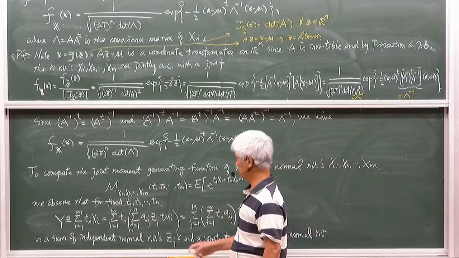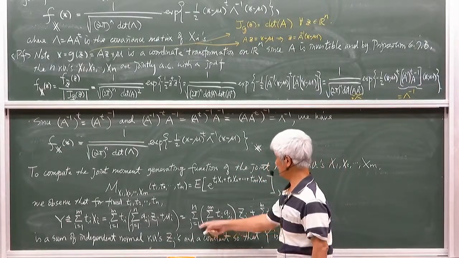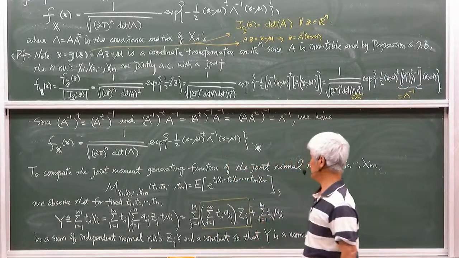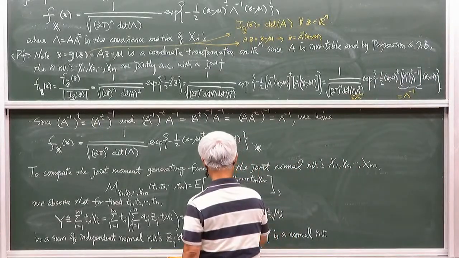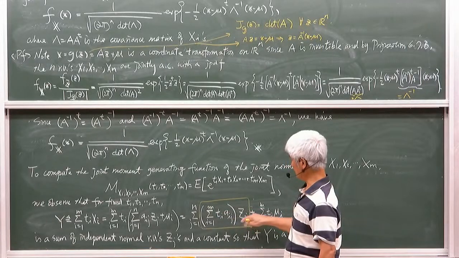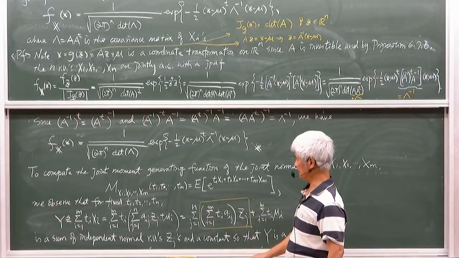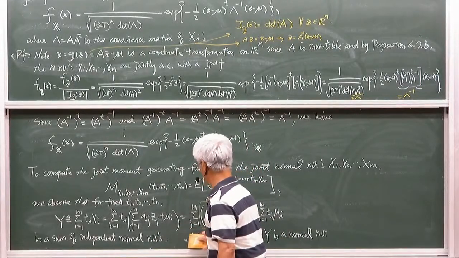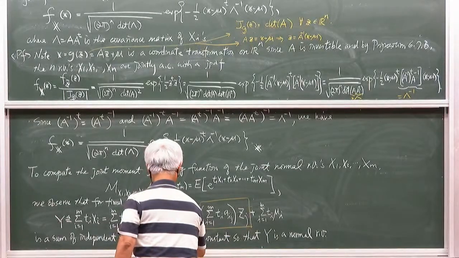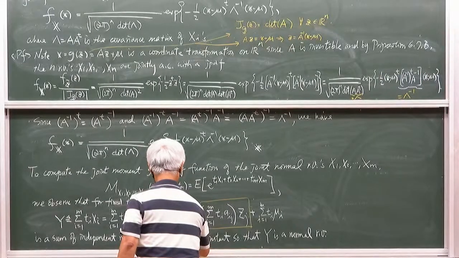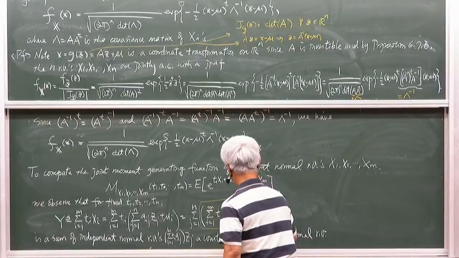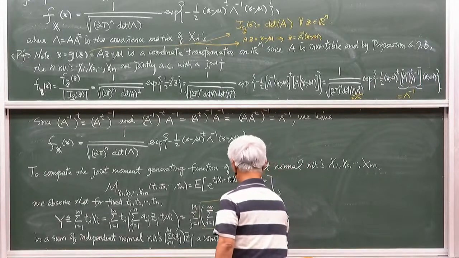Right. A coefficient times Zj gives us independent normal random variables, and a constant.